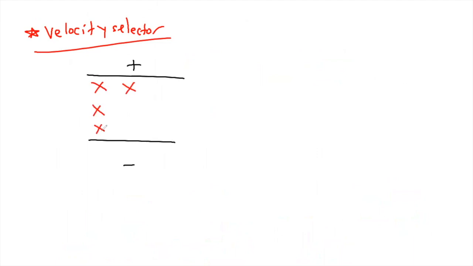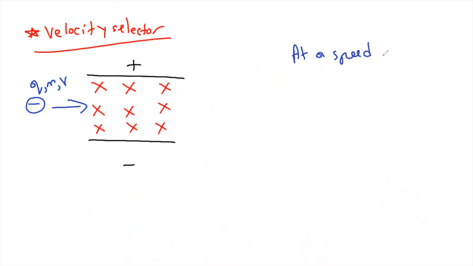So the magnetic field is inwards, and we have an electron with charge q and velocity v, traveling here, and at a speed v it passes straight through, undeviated.